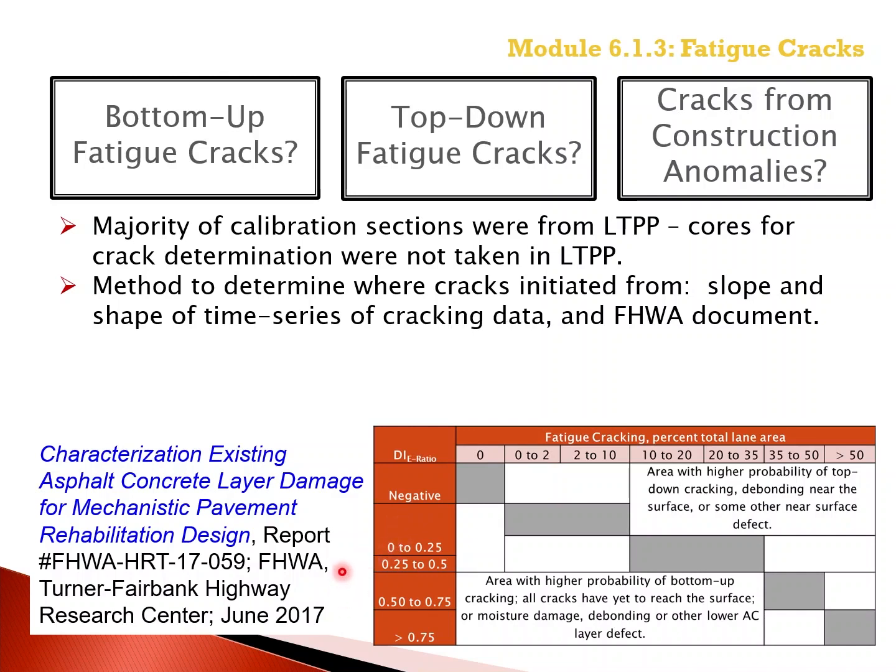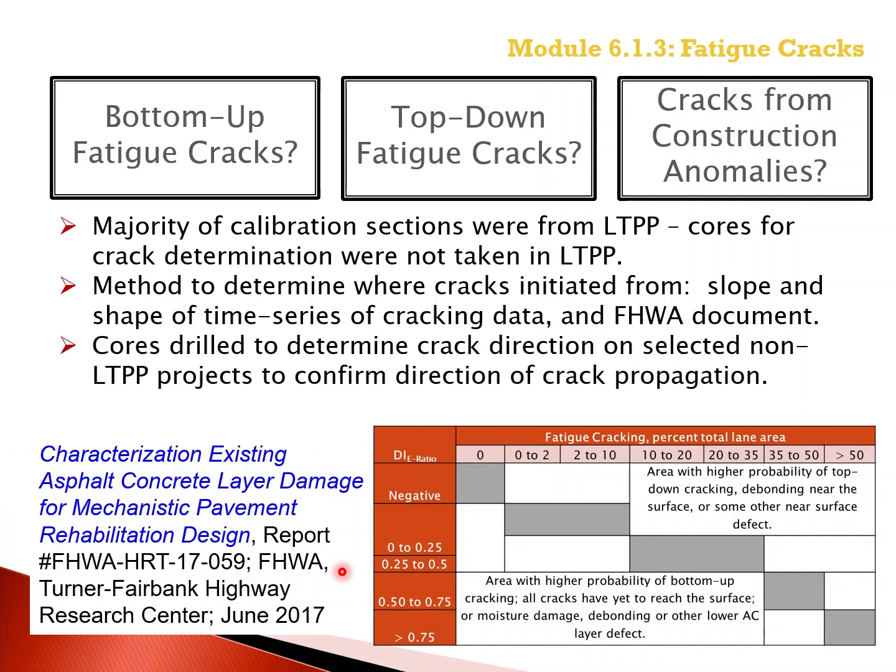Cores were drilled on selected non-LTPP projects to confirm the direction of crack propagation and provide some minimum verification or validation of the accuracy of the table included in the FHWA report.